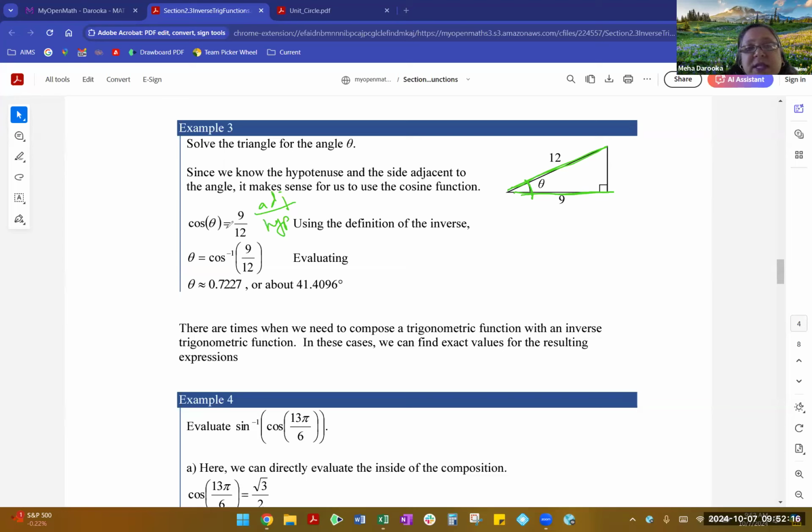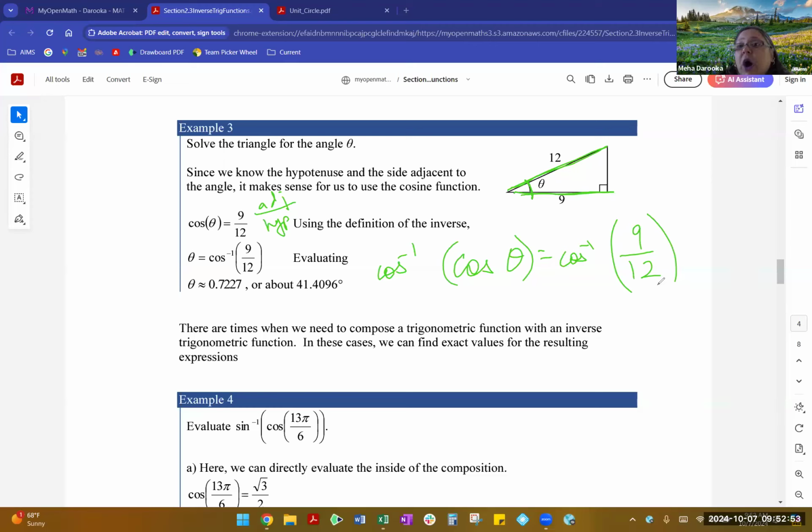Then we can use the inverse function, and basically you are doing simple algebra here. If you have cosine of theta equals 9 over 12, think about it. If we wanted to get theta by itself, we would try to get rid of the cosine. And that's where the idea of the inverse function comes in. You can say, okay, I'm going to apply the inverse function, which technically is not the same as division, but you're using the idea of, I want to get rid of the cosine function, so I use the cosine inverse, right?